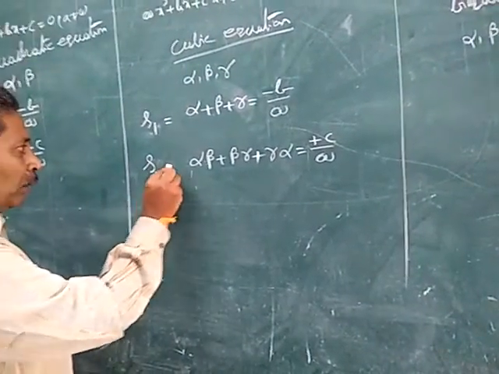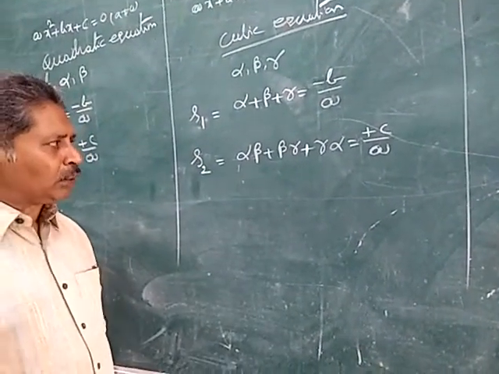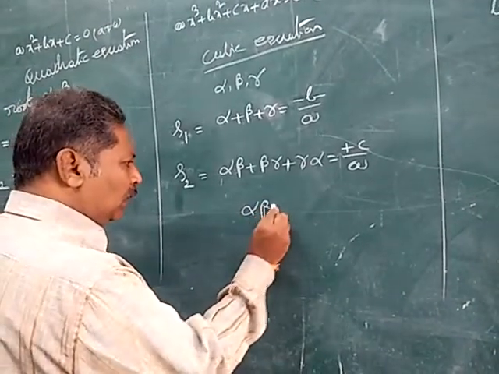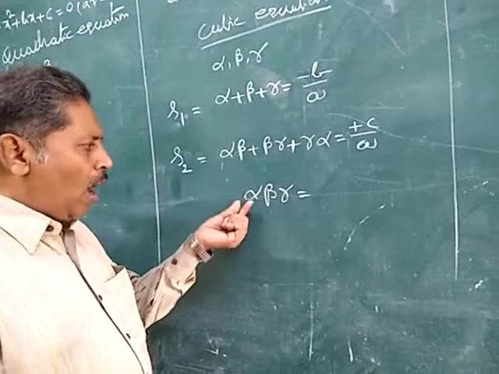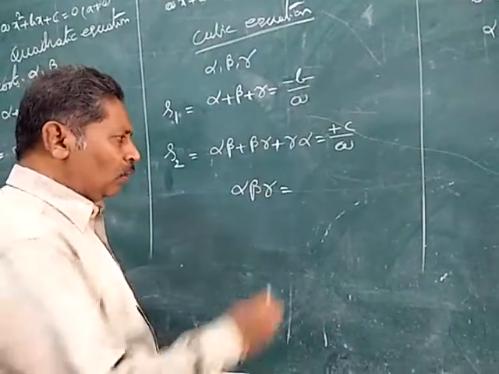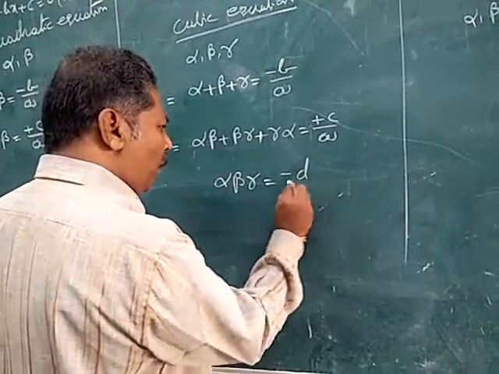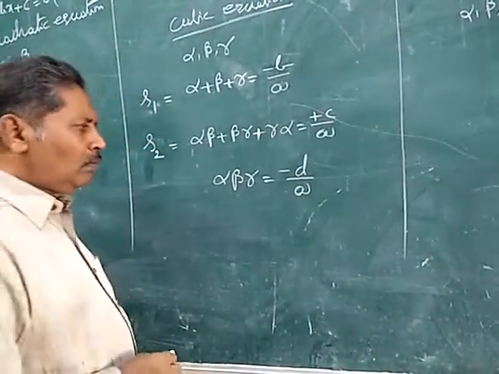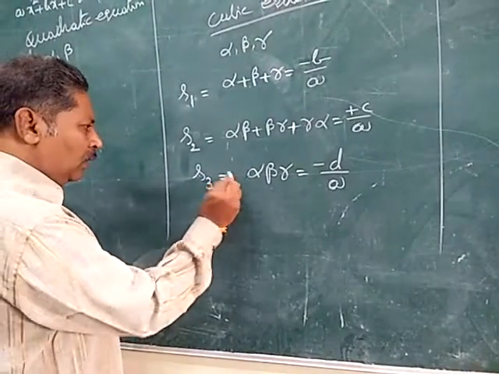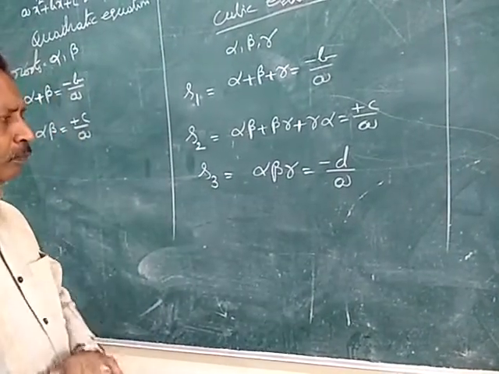That is denoted by small s2. Next, the product of the three roots alpha into beta into gamma equal to minus d by a. This is denoted by small s3.